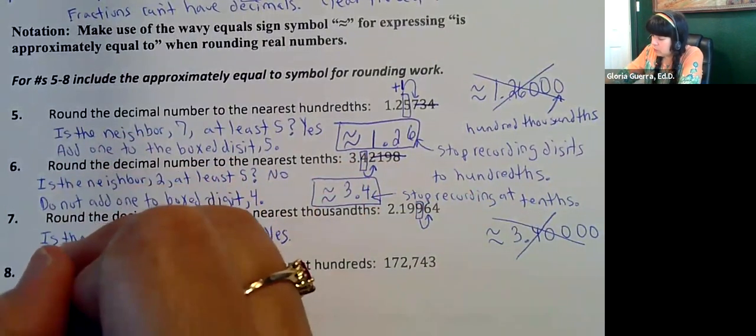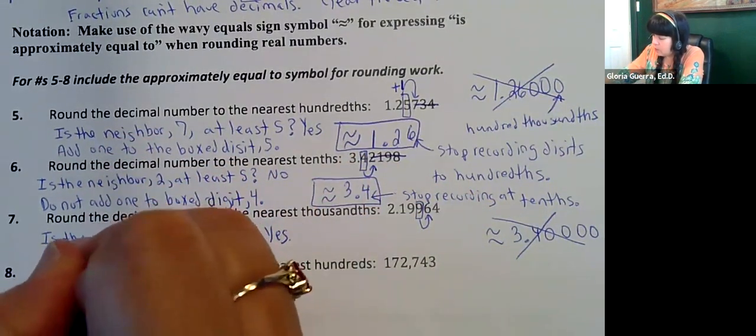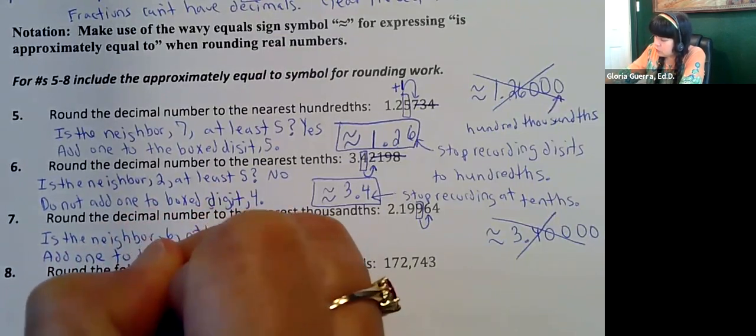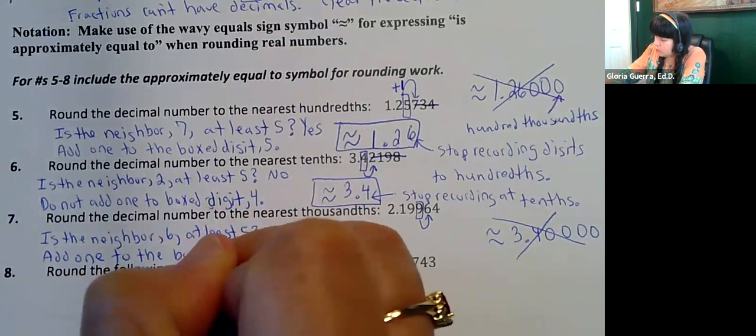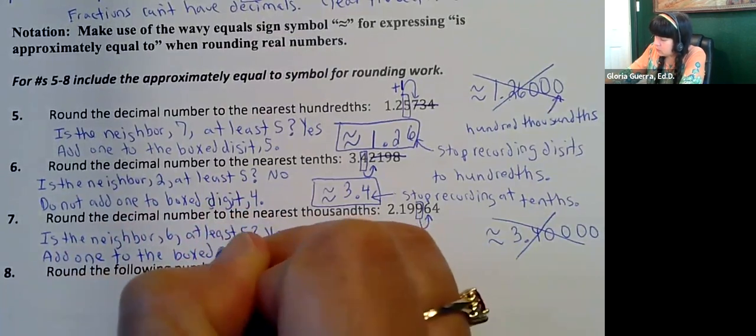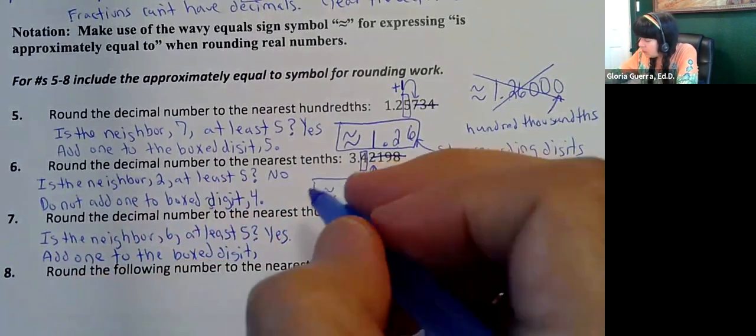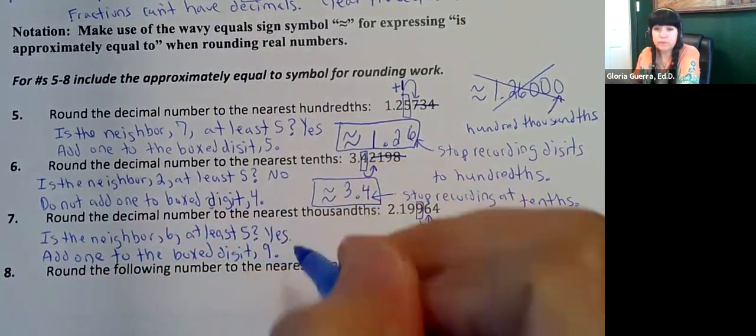So what are we going to do? We're going to add 1 to the box digit, which is that 9.